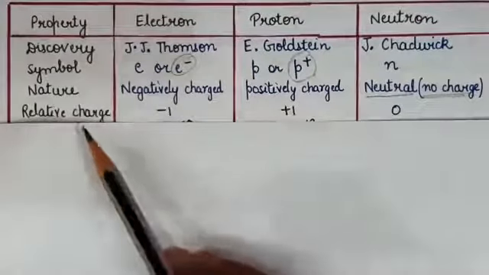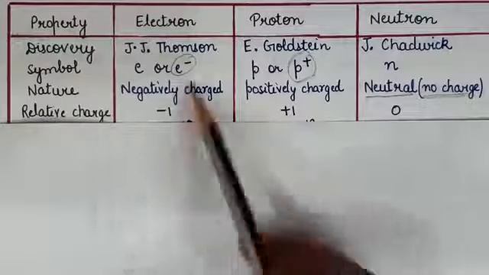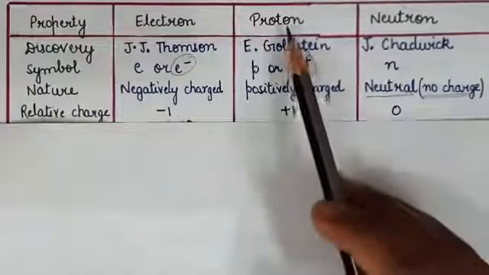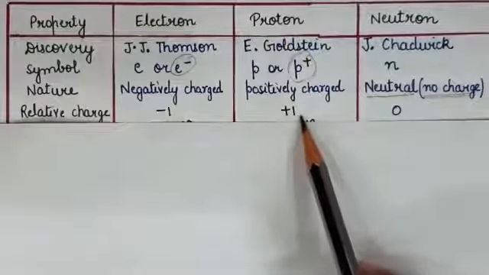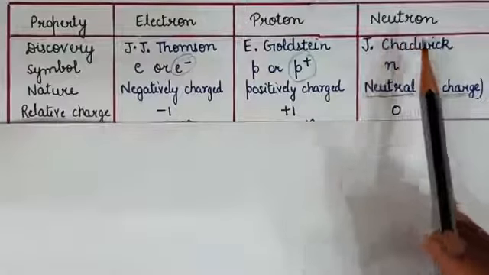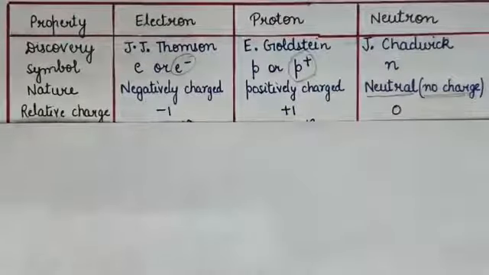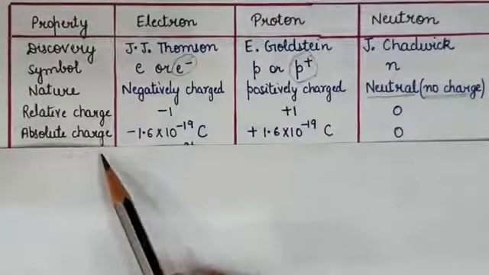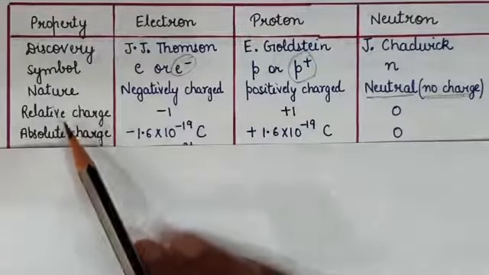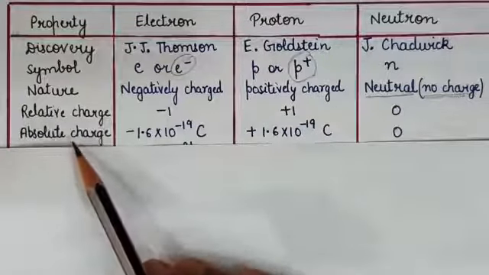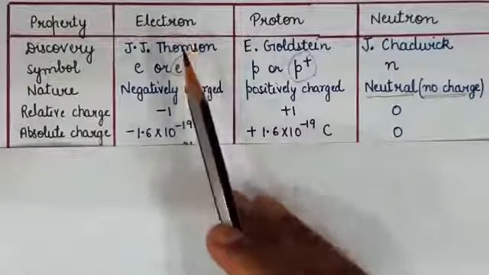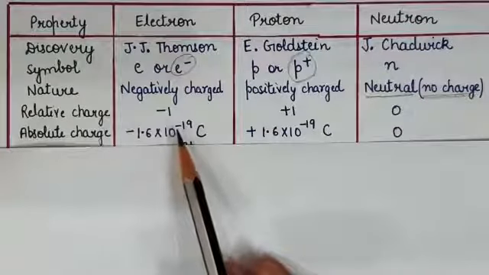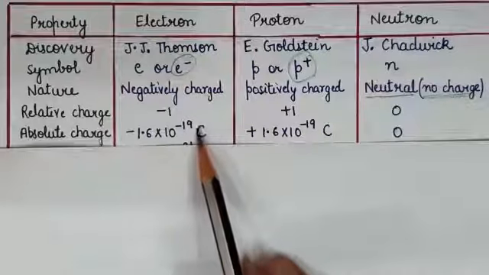The next property is relative charge. Electron, unit negative, means -1. Proton, unit positive, +1. And neutron, no charge, so 0. Now, the next property is absolute charge. Electron has charge minus 1.6 into 10 to the power minus 19 coulomb.